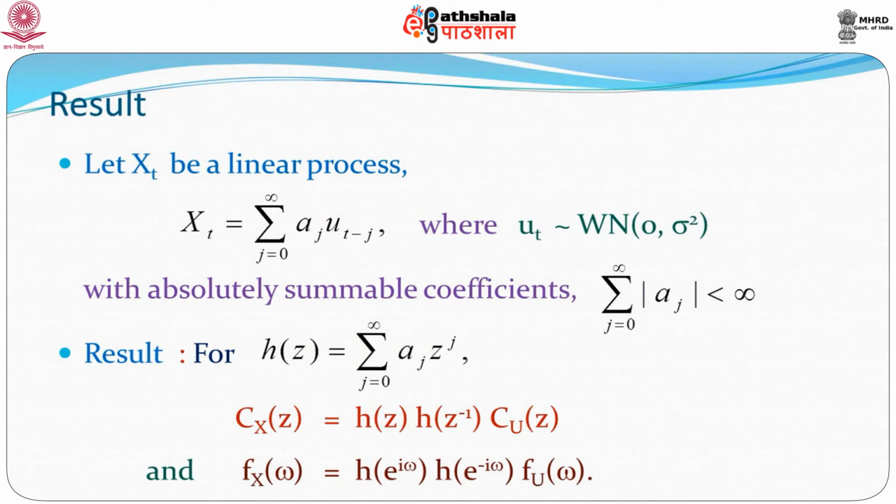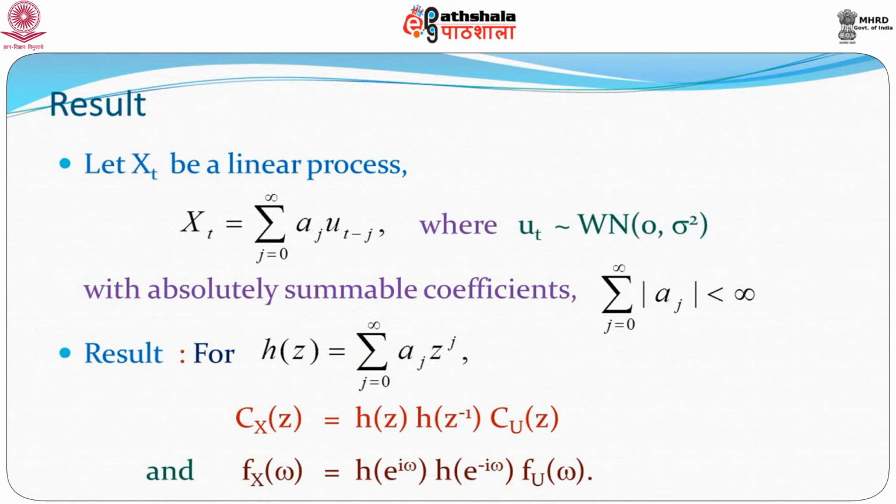So, if we know the spectrum of u, we can use this relationship and get the spectrum of x. This is one simple way of getting the spectrum of x, and we can apply this to the AR or the ARMA process, because we can always express them in terms of an infinite sequence of past white noise. In that case, if we can write that as a linear process, we will be able to use this result and get the spectrum of the corresponding more complex process.